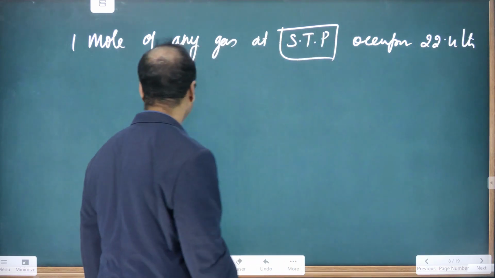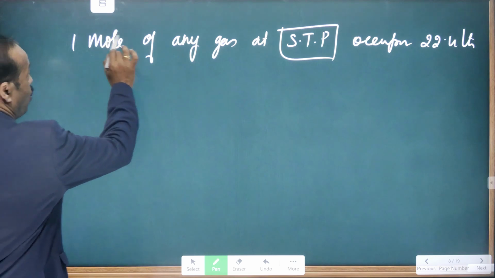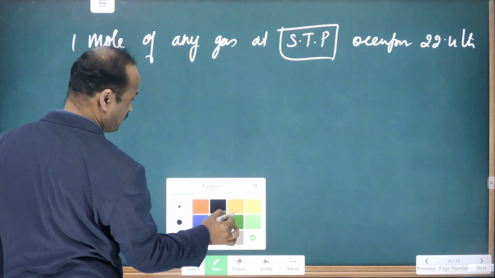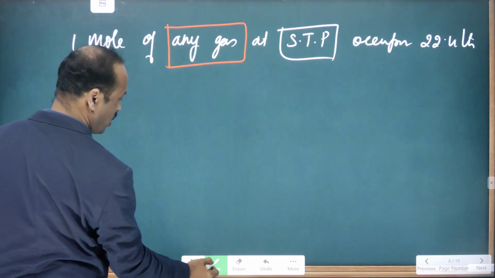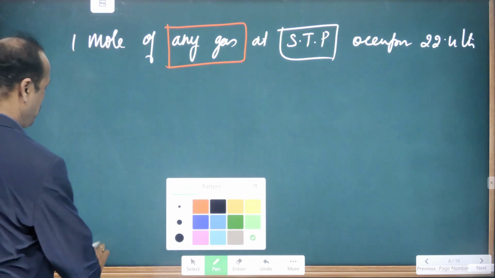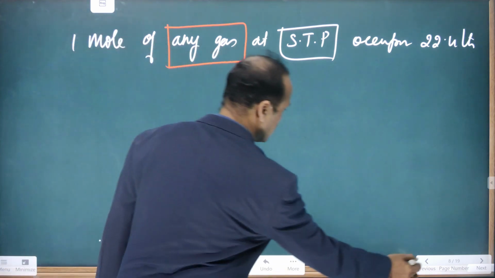How many liters? 22.4 liters. 1 mole of any gas at STP occupies 22.4 liters.